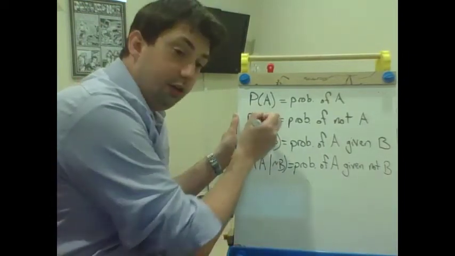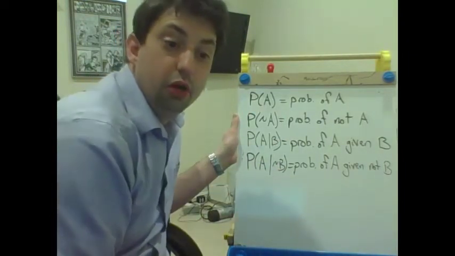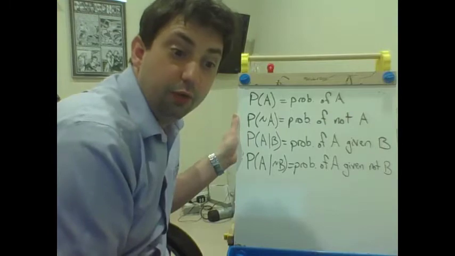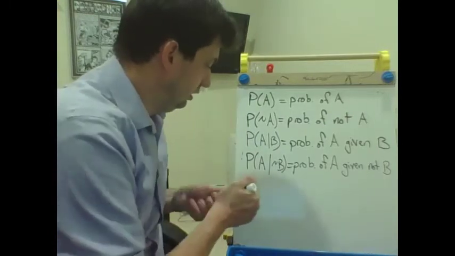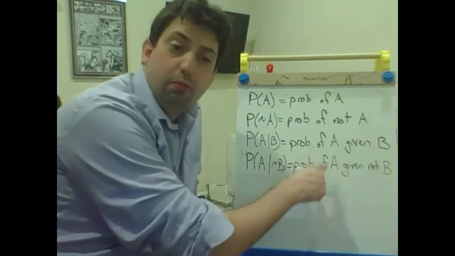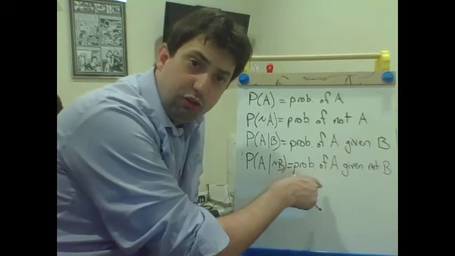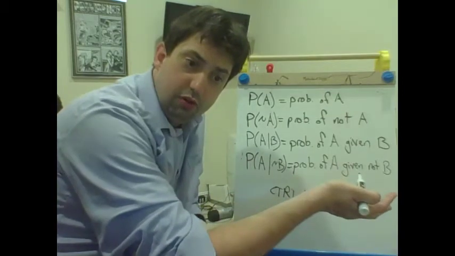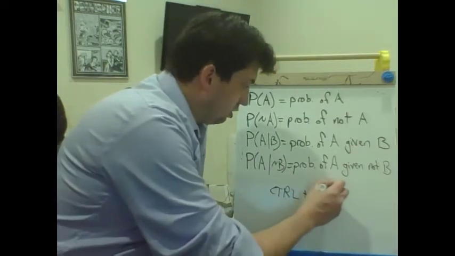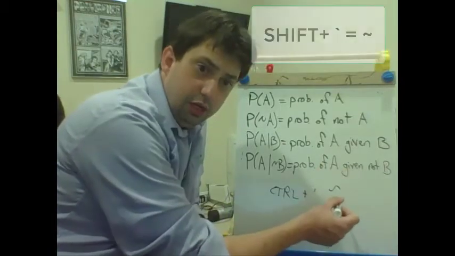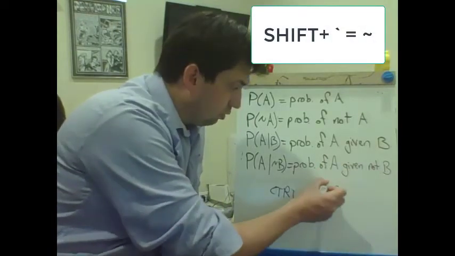This little line right here is the squiggle mark, which you can see on your keyboard right next to the 1. If you hit Shift and then that mark, you get this squiggle line.